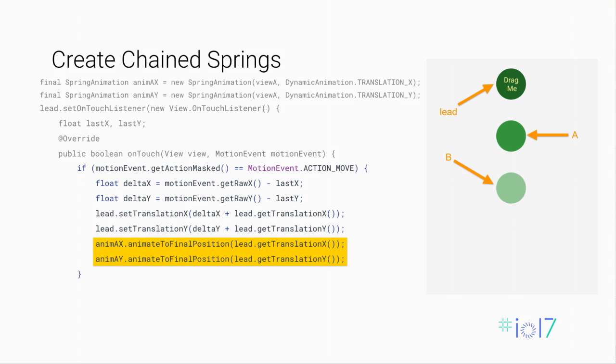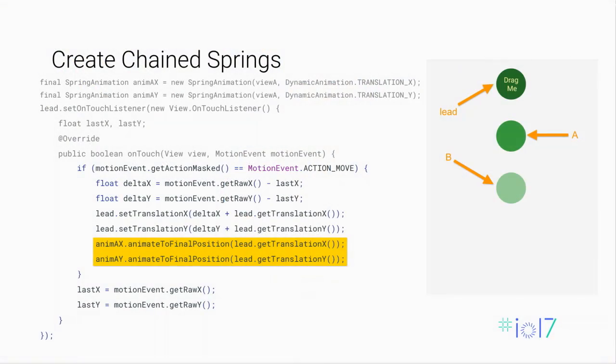And what this means is every time we receive a move event, we're going to move the lead view. And then if A is at resting position, we're going to start the animation to move A towards the lead view.